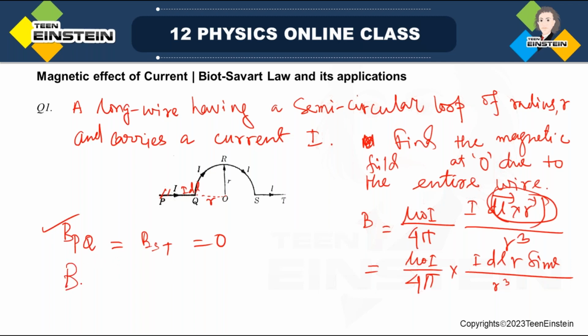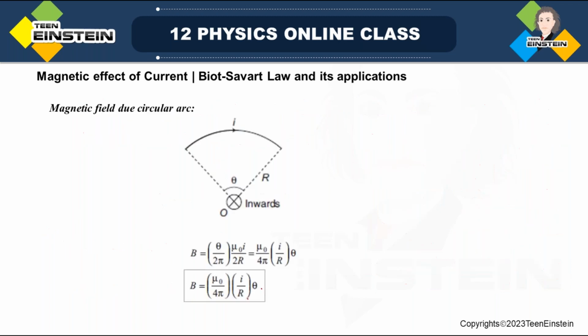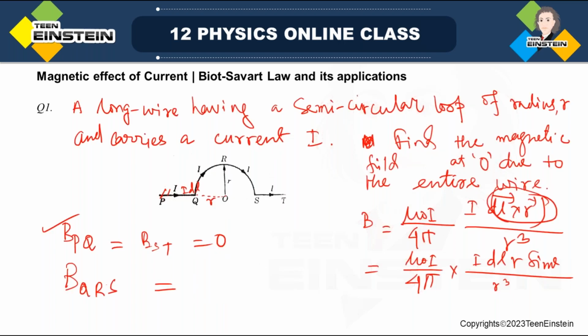So the magnetic field due to the arc or curved path Q, R, and S is equal to, for a particular arc, the expression we have found: mu 0 by 4 pi I by r into theta. This is the magnetic field.